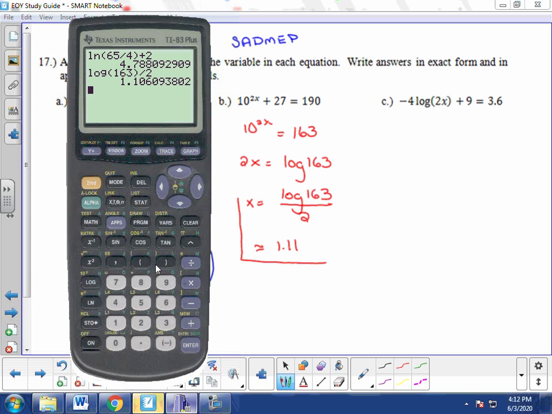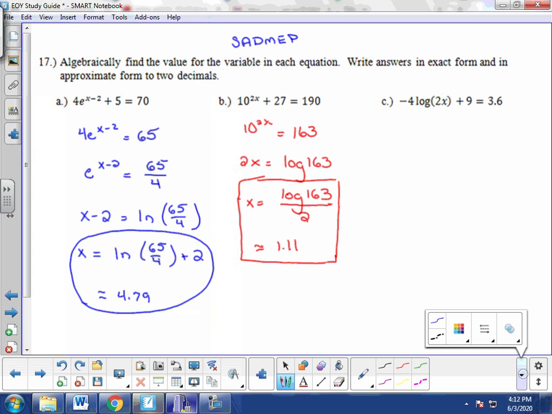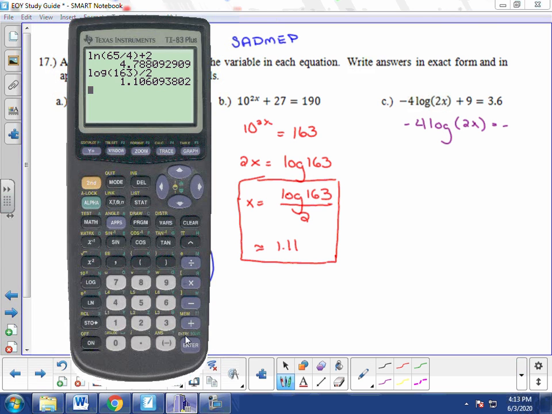Taking a look at C. C is now a logarithmic equation. The thought process is still the same. The first thing we want to do, following a reverse order of operations, is subtract 9 from both sides. That would give me negative 4 times the log of 2x equal to, let me make sure I get this one correctly, 3.6 minus 9, negative 5.4.